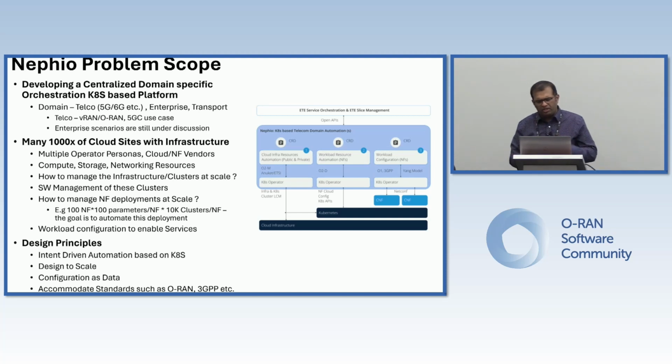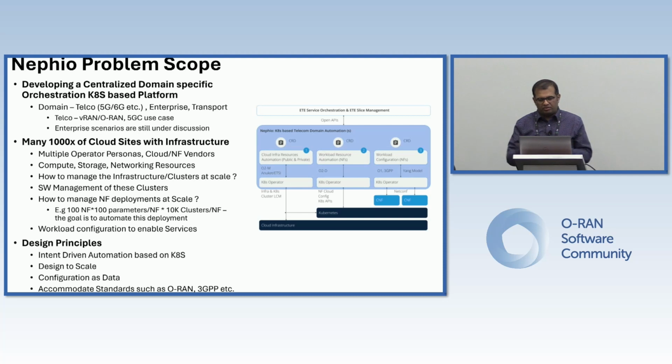Nephio primarily builds on the design principles of intent-driven automation, which is primarily what Kubernetes is all about: design to scale, and configuration as data. This comes from the fact that the operator is a melting point, between the cloud provider and the network function vendor.